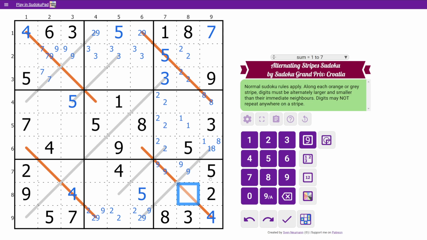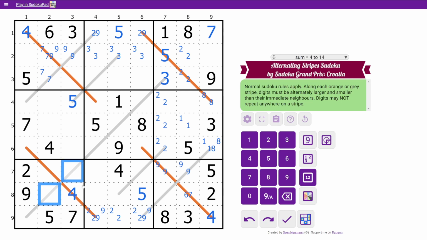Maybe. It would be a 6 or 7. And then either this one or this one would need to be higher? Maybe. The 4 would have to have a smaller number somewhere in this vicinity? I'm not sure.